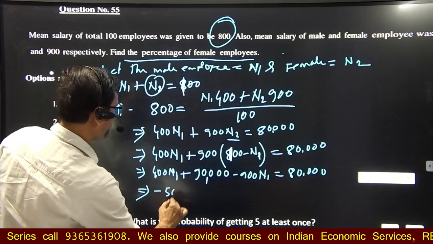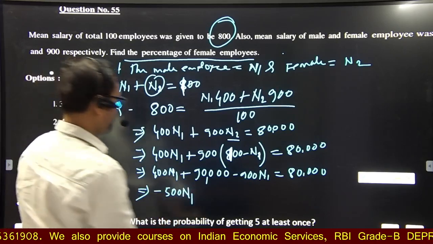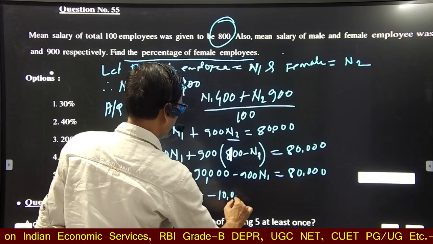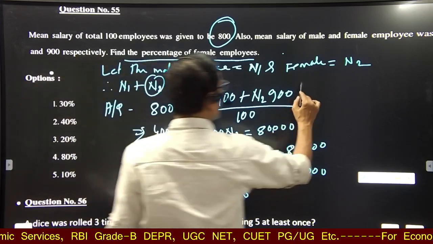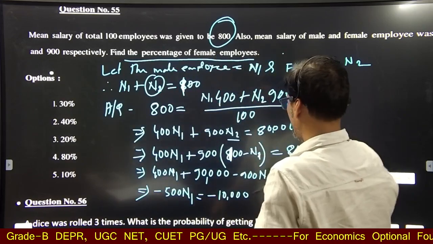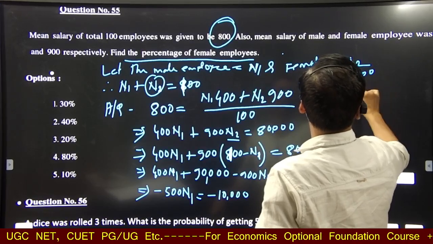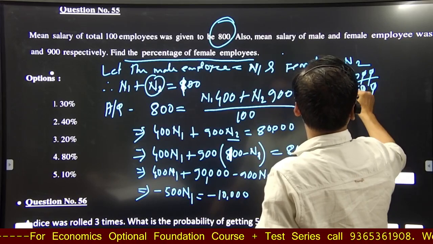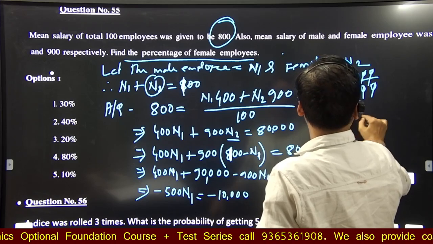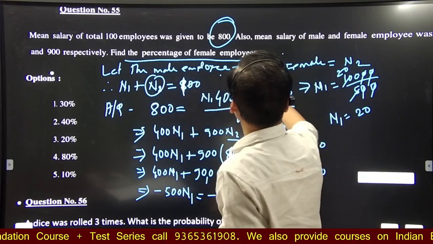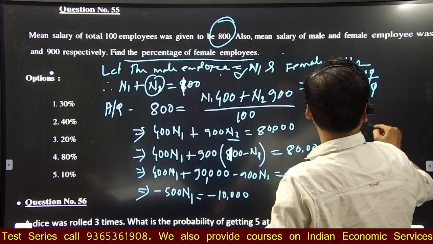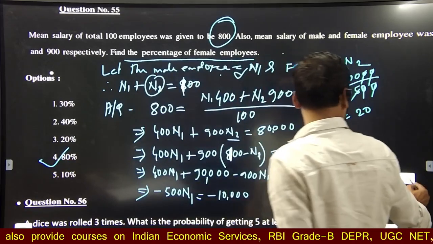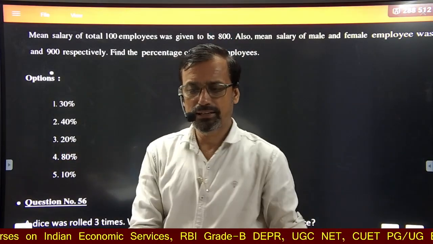So minus 500 N1, and 80,000 minus 90,000 is minus 10,000. The minus cancels, so N1 is 10,000 divided by 500. So N1 is 20. N1 is the male employees, so female employees are 100 minus 20, which is 80. The correct answer is 80% female. Thank you.